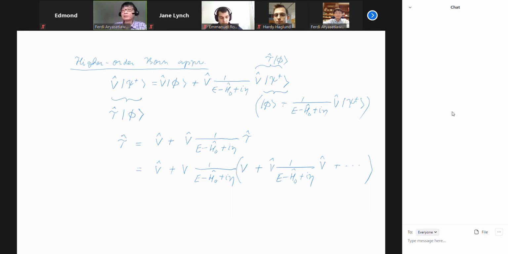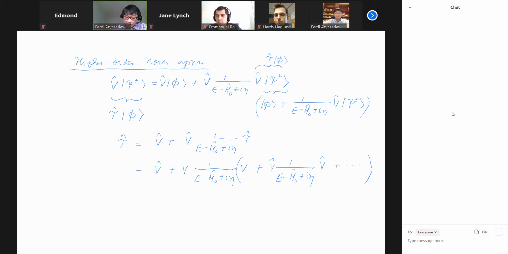Now it's not difficult to write down this series, but in practice it can be very complicated to calculate. So maybe one can go up to second order, but beyond that is usually too complicated to do.